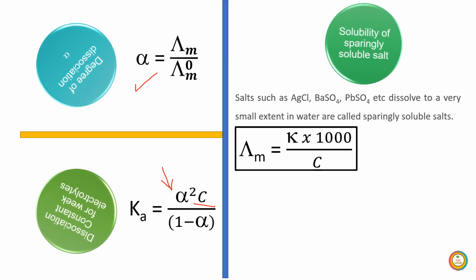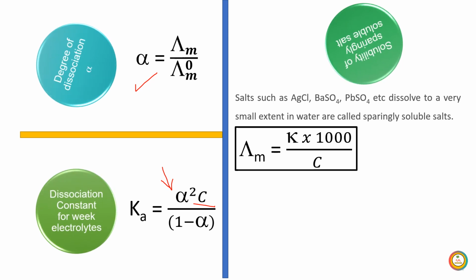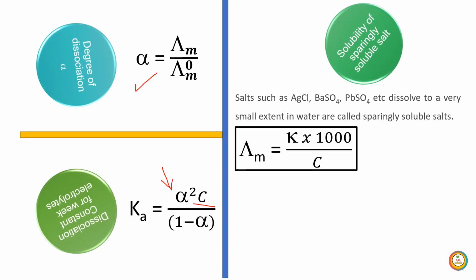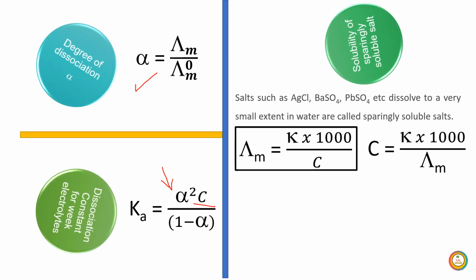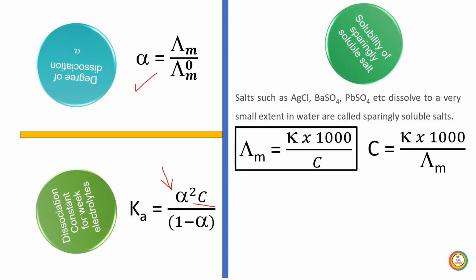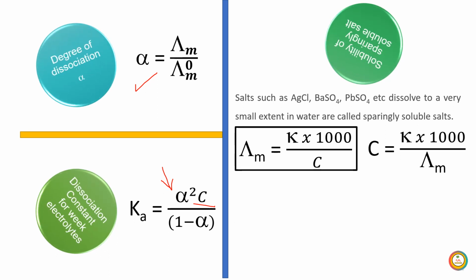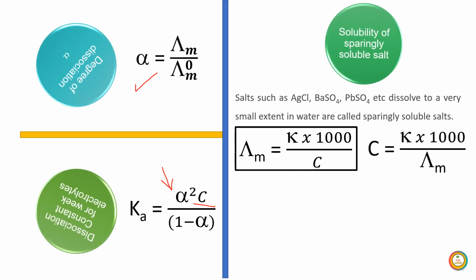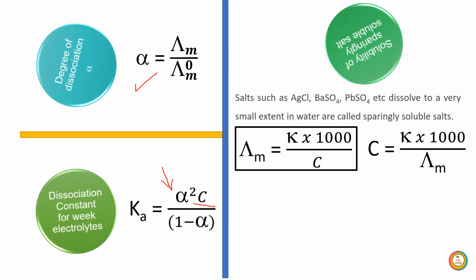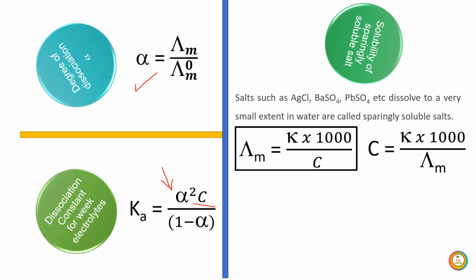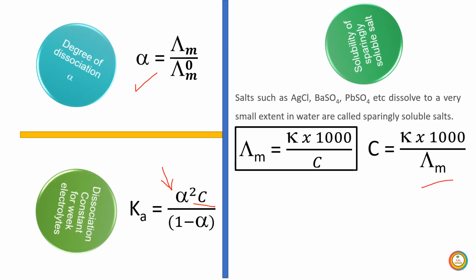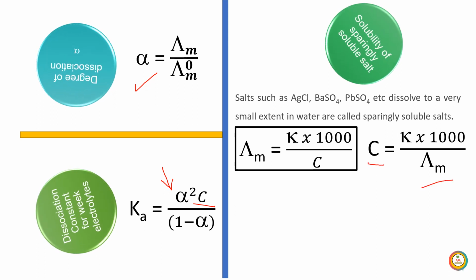Molar conductivity is equal to kappa into 1000 by C. With the help of molar conductivity, we can easily find out the value of C. The value of lambda m for such salts we find out with the Kohlrausch law. That value we put in this equation and we obtain the value of C.